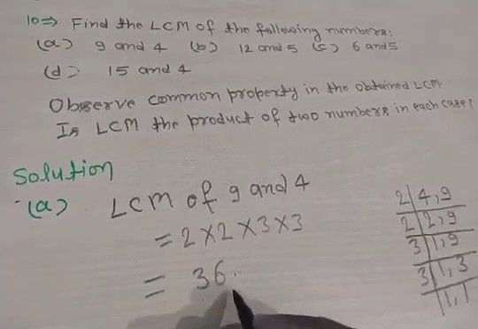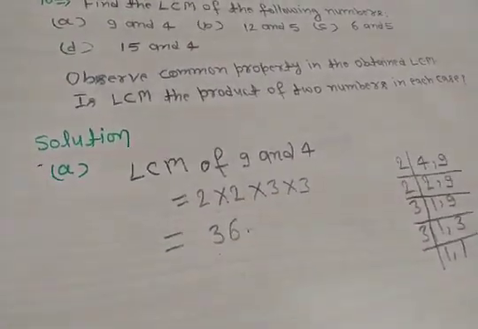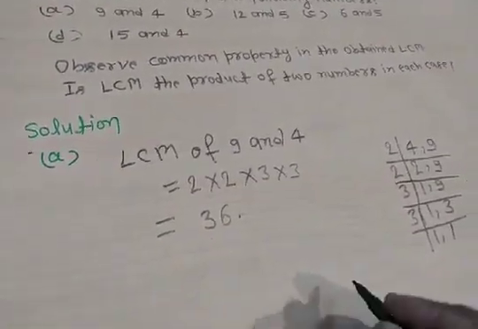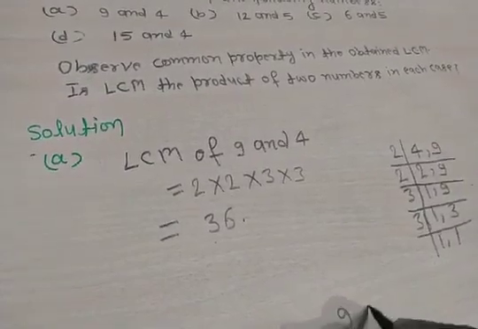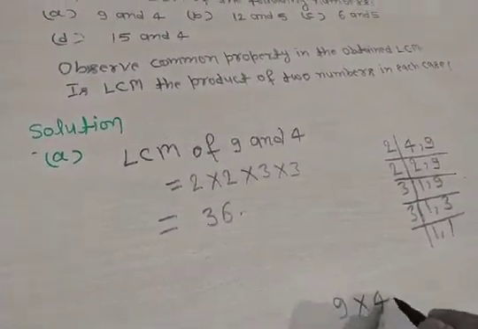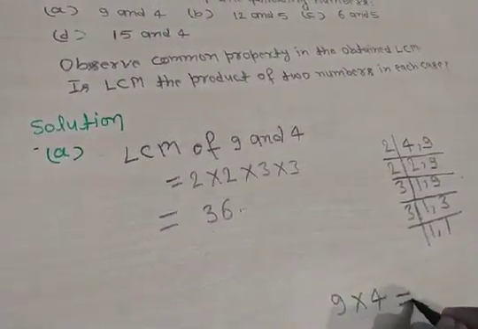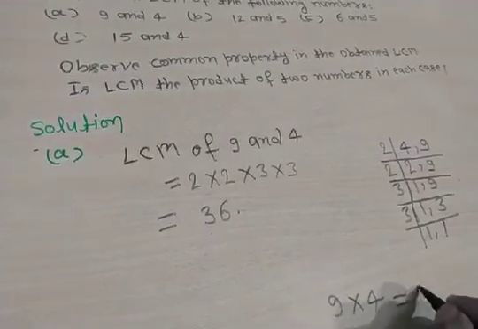The LCM of 9 and 4 is 36, and the product of the two given numbers, 9 as one number and 4 as the other, is also 36.